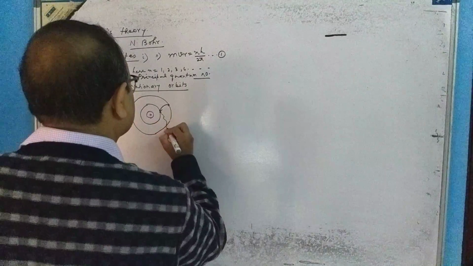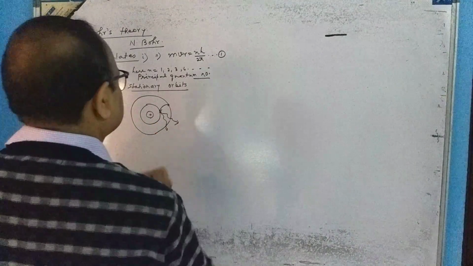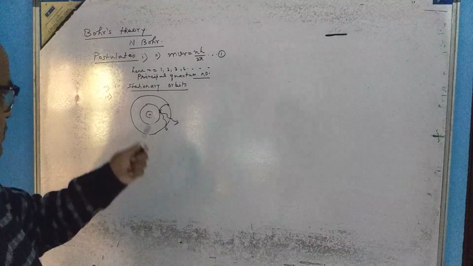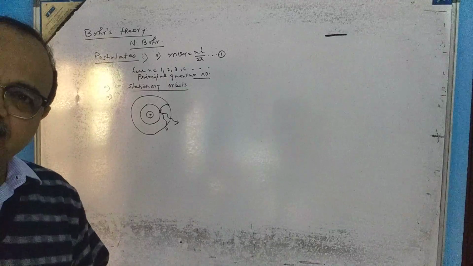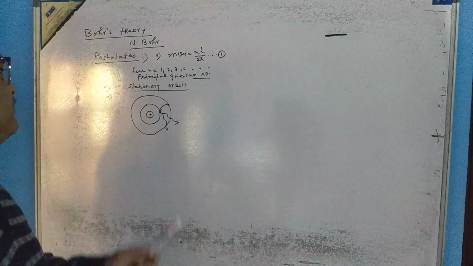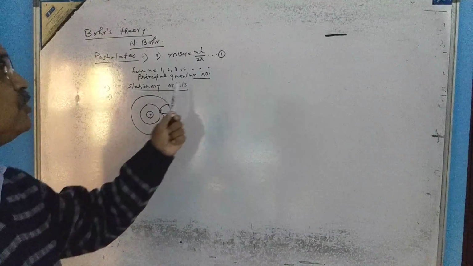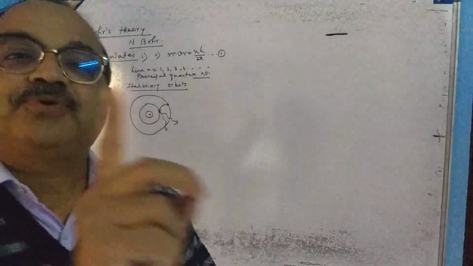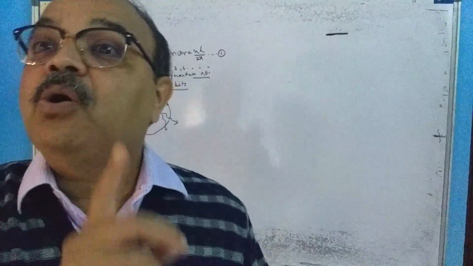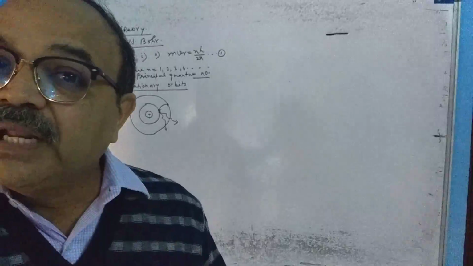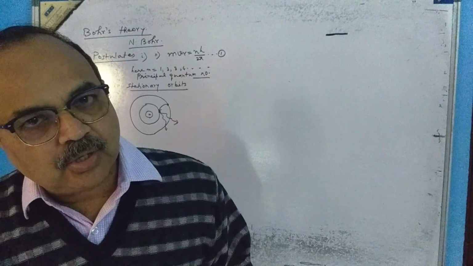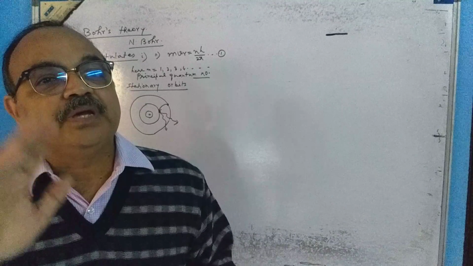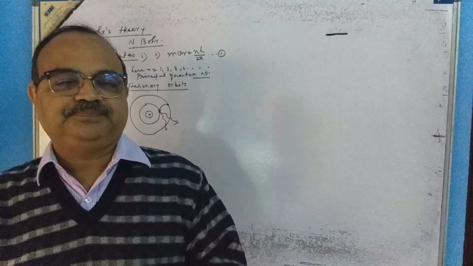Then the emission of radiation takes place. And obviously, if it jumps from a lower to a higher orbit, then the absorption of radiation will take place. That means emission or absorption takes place only if the electron jumps from one orbit to another, from outer to inner or vice versa.